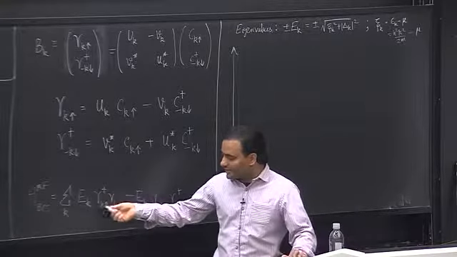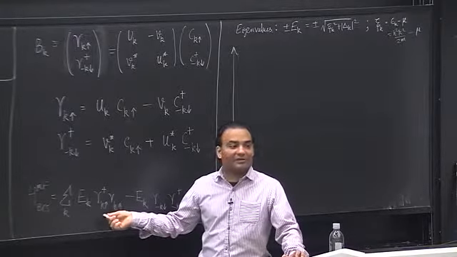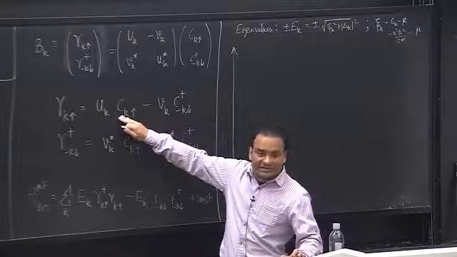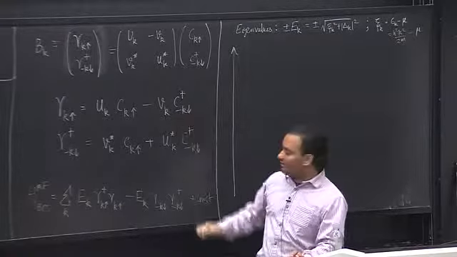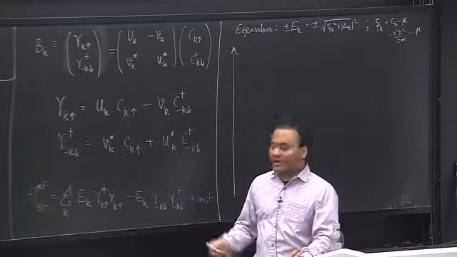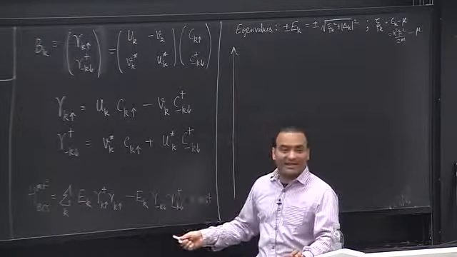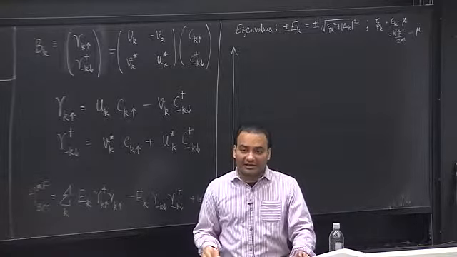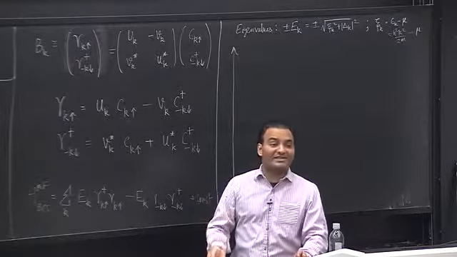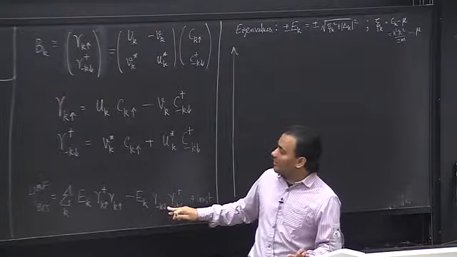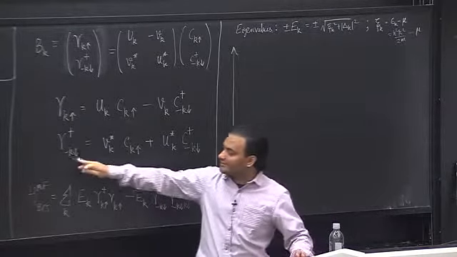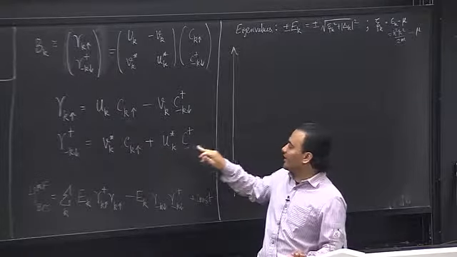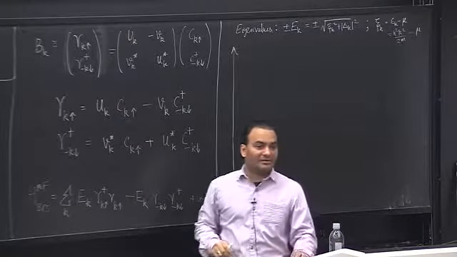So this creation operator for a quasi-particle for real electrons creates and also annihilates something. This we are calling gamma minus k down. This operator we are calling an operator that creates a quasi-hole. What this really means is take the dagger of this equation, you create something and annihilate something.